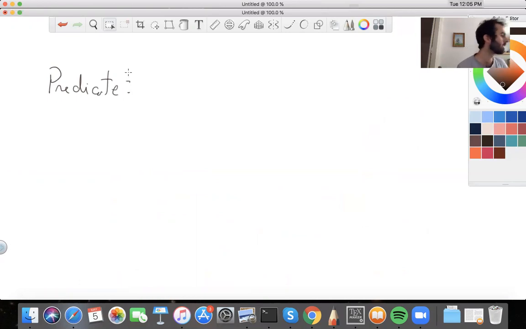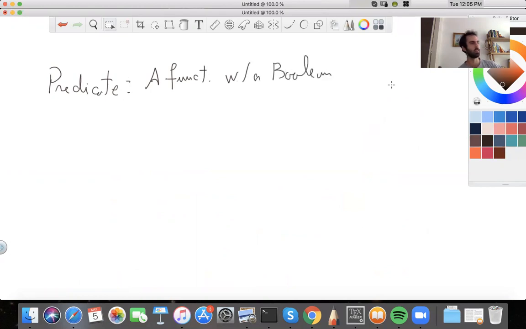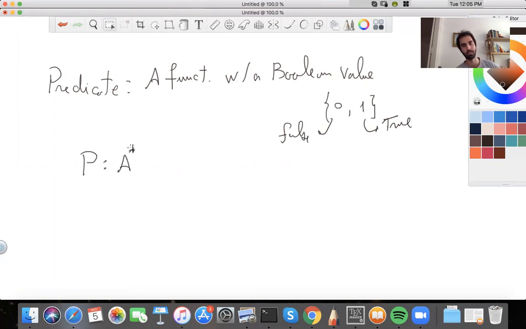A predicate is just a function with a Boolean value, meaning either 0 or 1. 0 means false, 1 means true. So it's just a function that takes values in this discrete set of 0 and 1. I can denote it like this: it will take a string and give me either true or false.